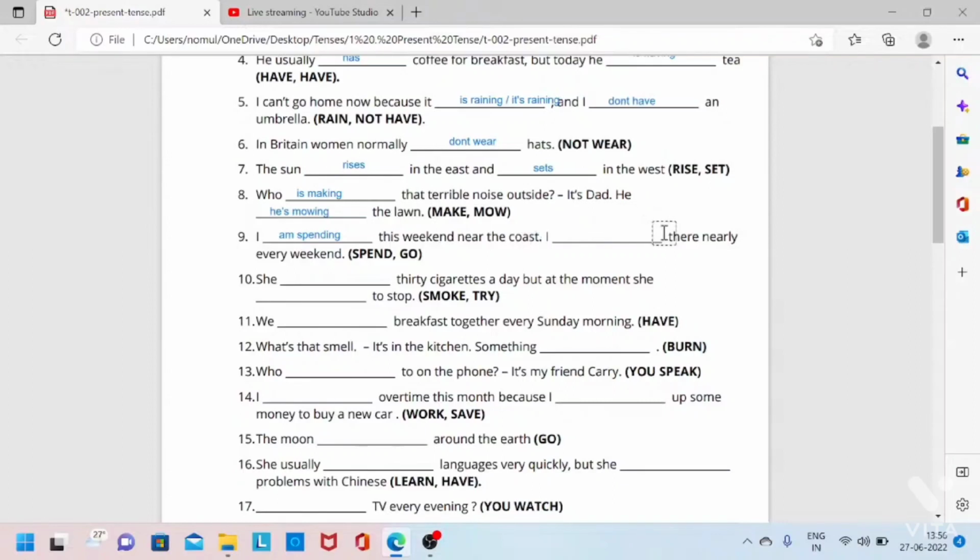I go there nearly every weekend. So this is a sentence. I am spending this weekend near the coast. I go there nearly every weekend. Observe.